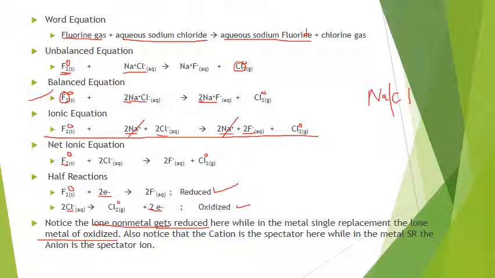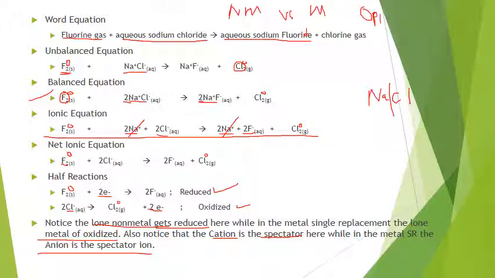Also, in these reactions, the cation is the spectator. In the metal single replacement, the anion is the spectator. So they're opposite of each other. So the nonmetal versus the metal single replacement are opposite in terms of what happens.